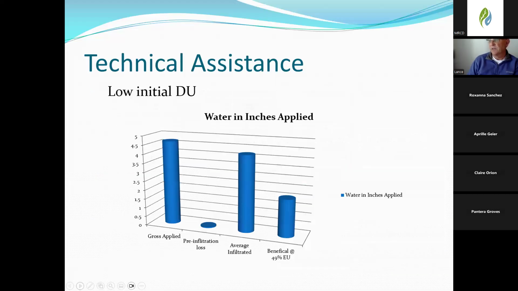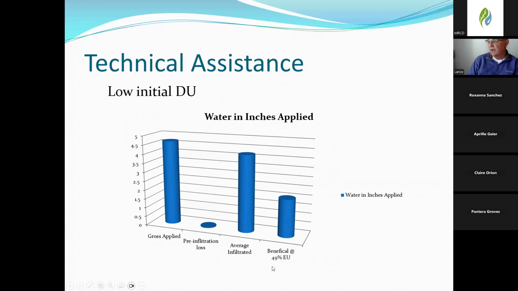So if we look at it in terms of water applied and the beneficial use of water, in ag, we're applying water for economic benefit to grow plants, to produce crops, to produce food for people, food, medicine, fiber, but primarily food.